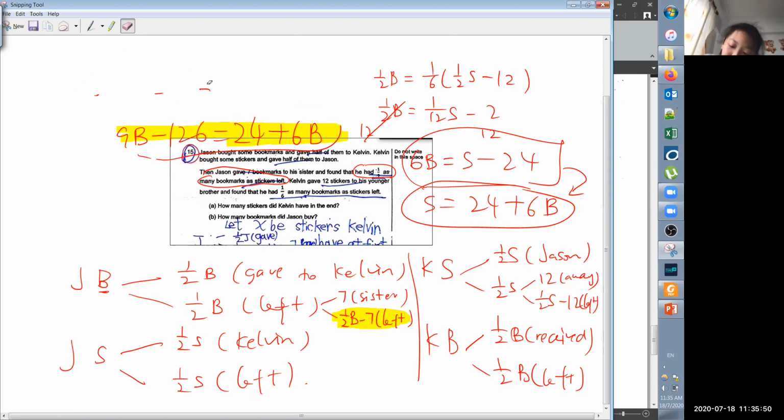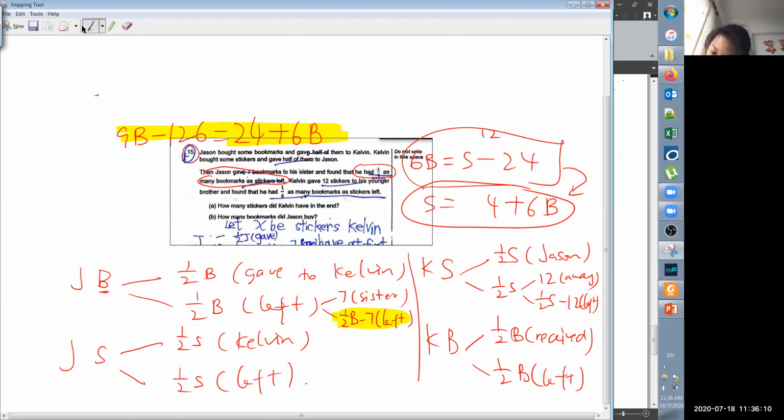Okay, find out what's your B. This one. $50. 50. Yes. Okay. So how many stickers did Kelvin have in the end? So that means I have 50 here.